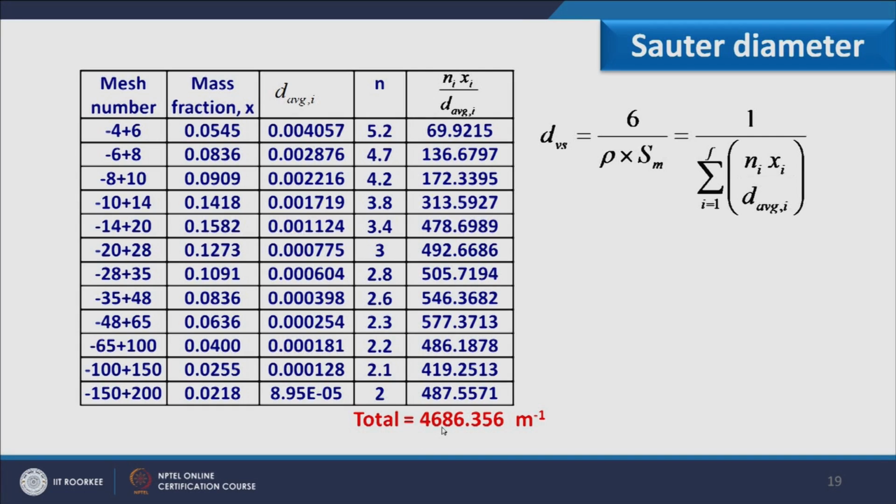So, here in this slide we can write the value of Ni xi by d average i, which we computed while computing the specific surface area of the mixture. All these values we can find, and taking the summation of this, we have 4686.356 per meter. So, considering this value, we can calculate the Sauter diameter as 1 divided by this complete value, and the Sauter diameter comes as 213.385 micrometer.